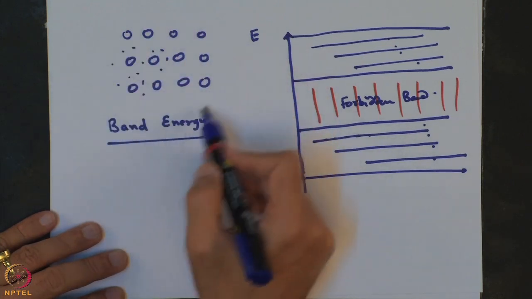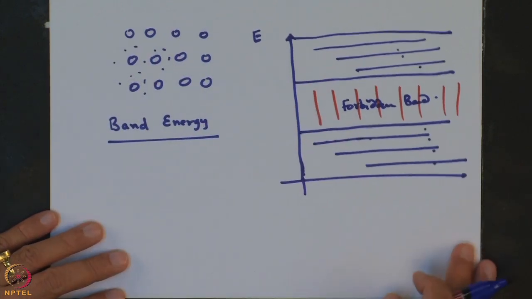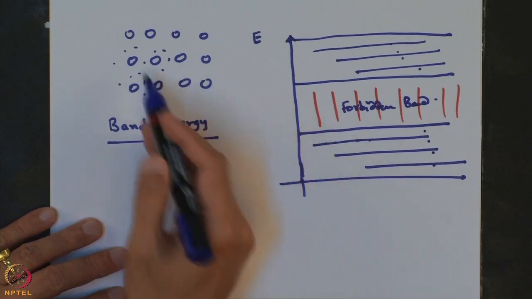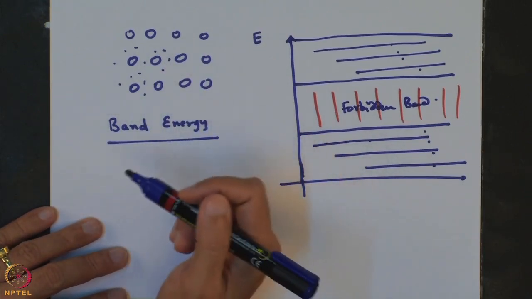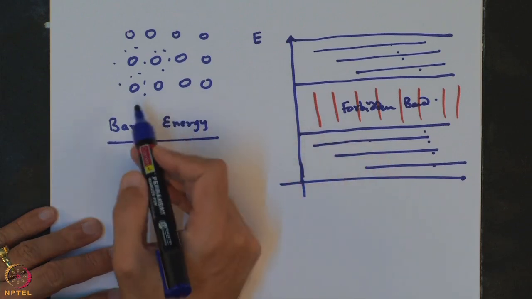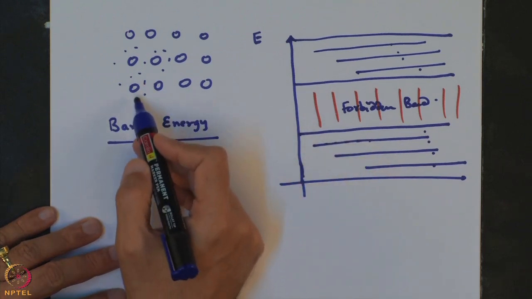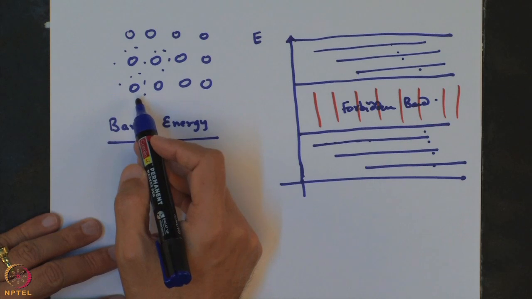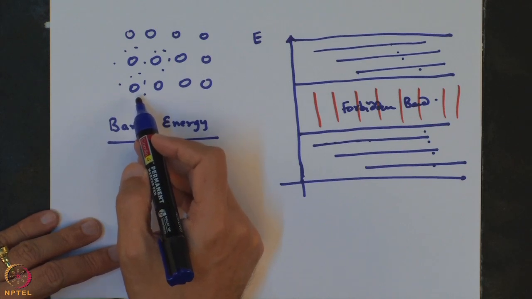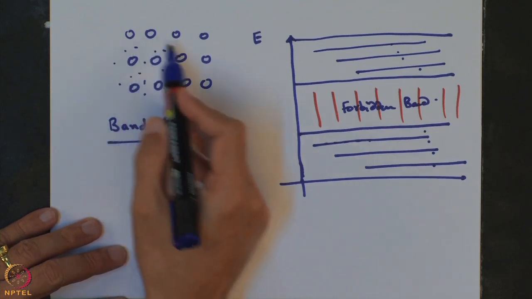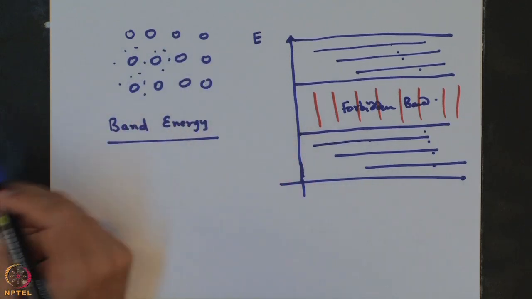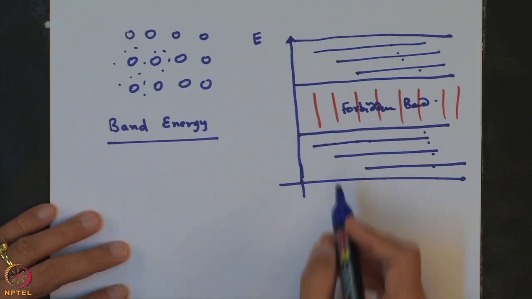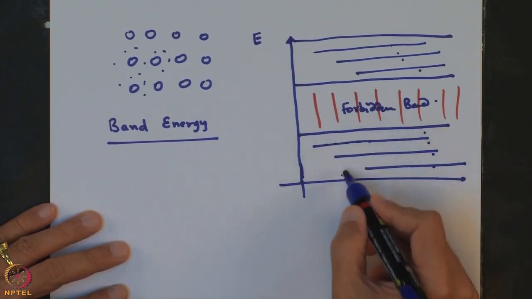Now, if you look at the basic diagram here, there are these atoms lying very close to each other, and some of the electrons are sticking very close to their parent atom. Let us say those electrons, which are close to their parent atom and not free to move, lie in this band.